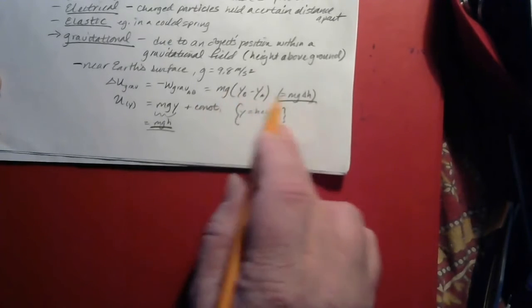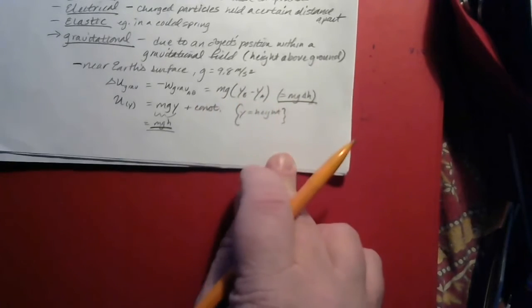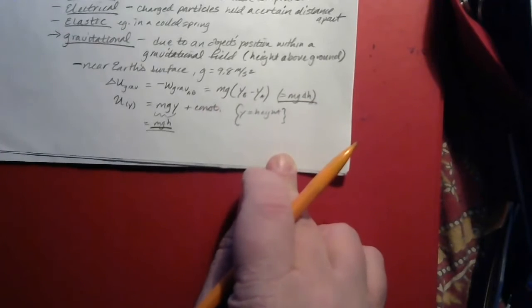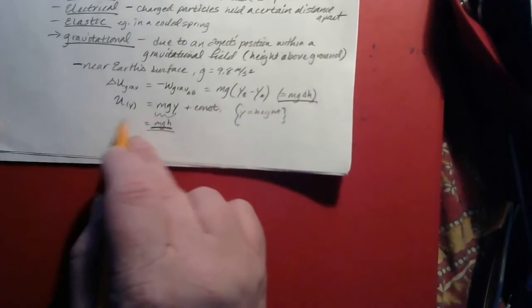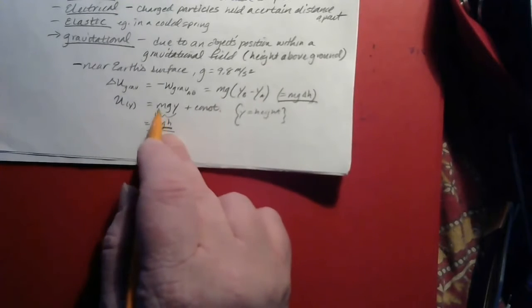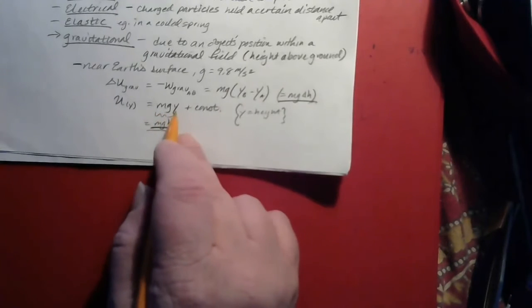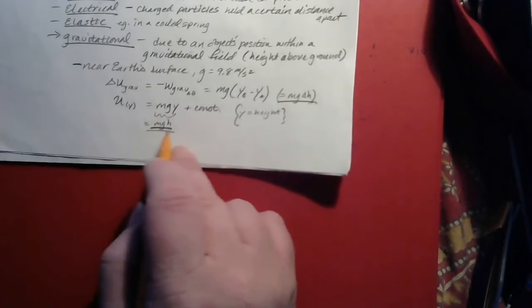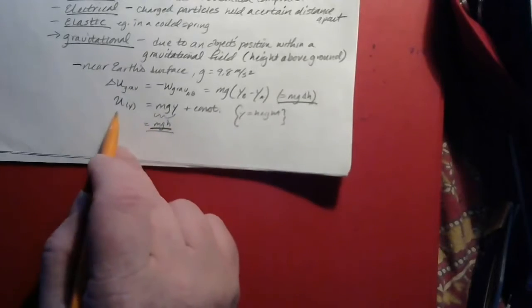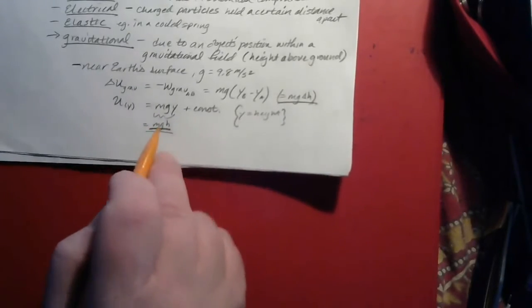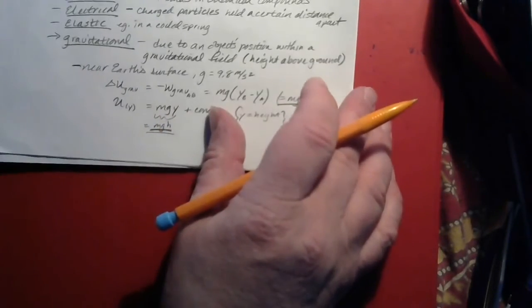That is mg delta h, in other words. So that was the change in energy. If an object is just sitting still, its potential energy is given by mgy, in other words, its position in the y direction, which is just another way of saying mgh plus some constant. So in other words, potential energy is mgh, or mass times gravity times height.